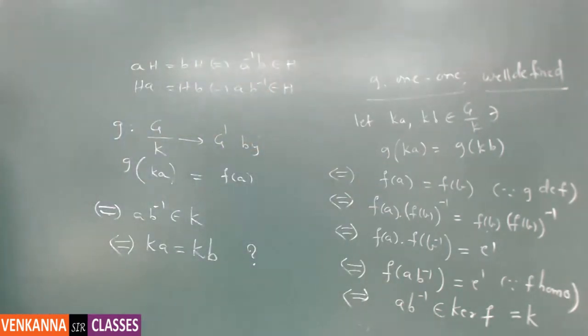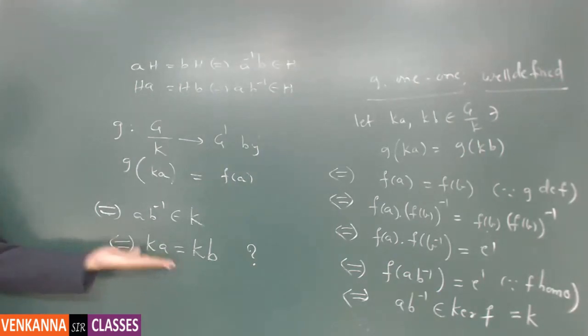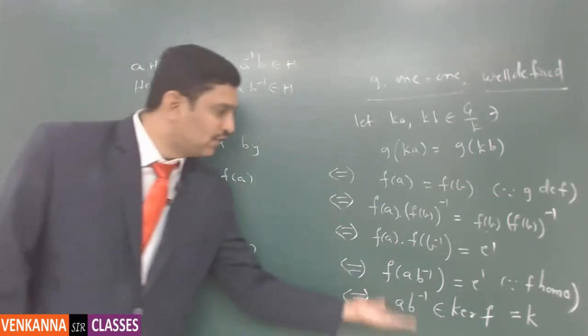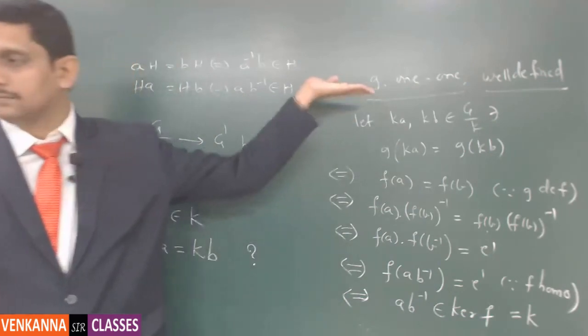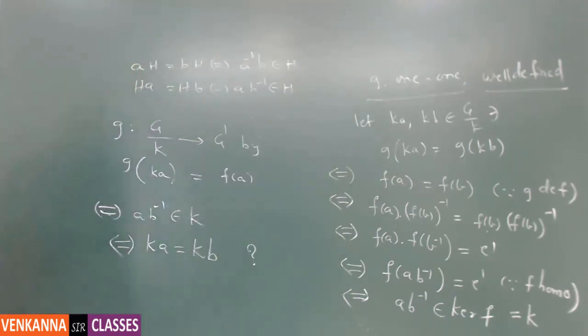So if you start reading from this step, if this is correct, then this will follow, and so on. All will come. Therefore, the function g, what we have defined, is 1-1 and well defined. Okay?